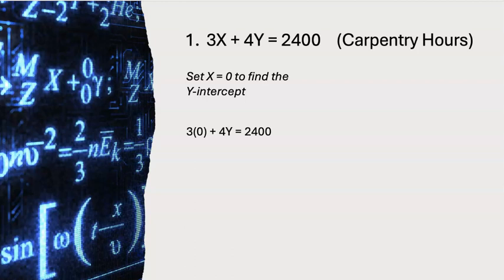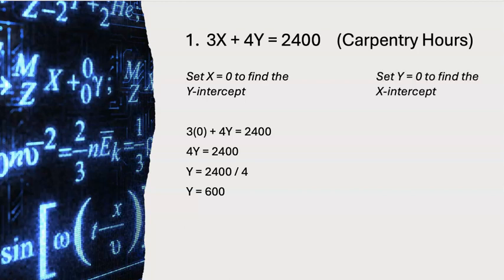By doing so, 3 times 0 of course is 0, so we're left with 4y is equal to 2400. Divide both sides by 4, we get y is equal to 600. Alright, so that's the y-intercept. This line touches the y-axis at y equals 600. Then to find the x-intercept, we set y to 0.